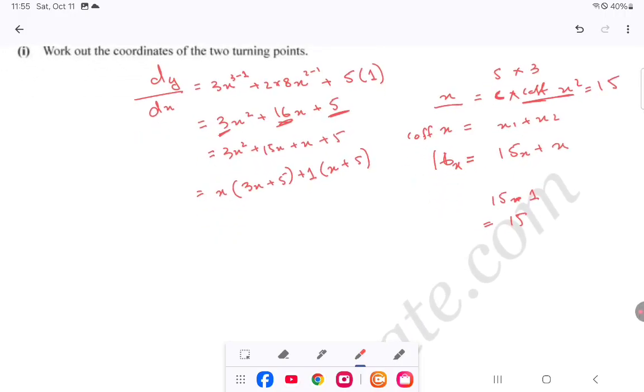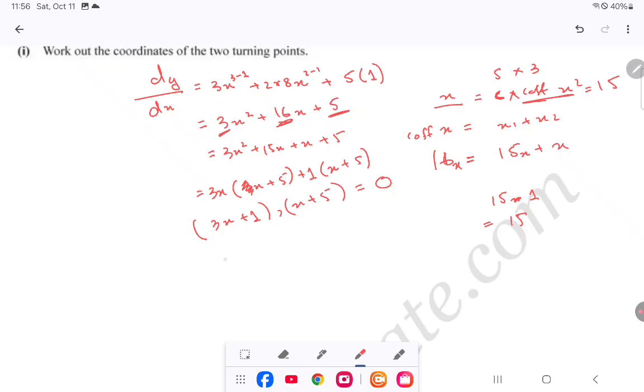So we take 3x common. Now 3x plus 1, x plus 5 is equal to 0.